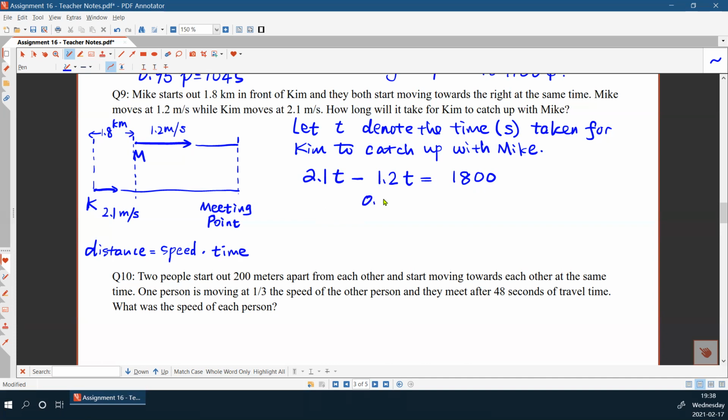So this means 0.9 T is 1800. That means T is 1800 times, since 0.9 is actually 9/10, right? Which is 2000 seconds. So we can make the conclusion here.